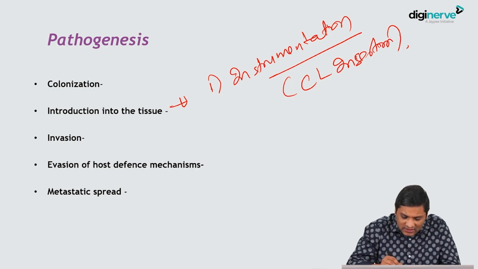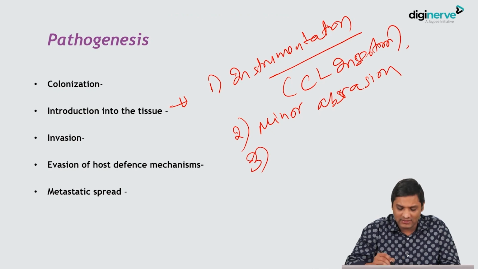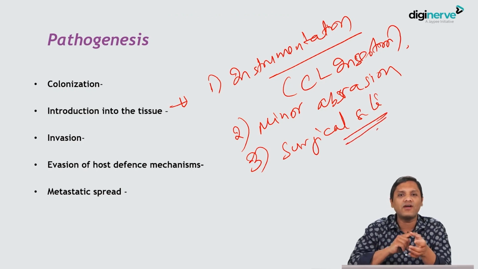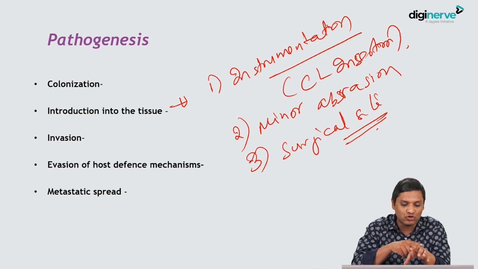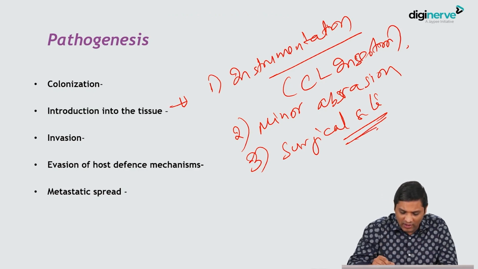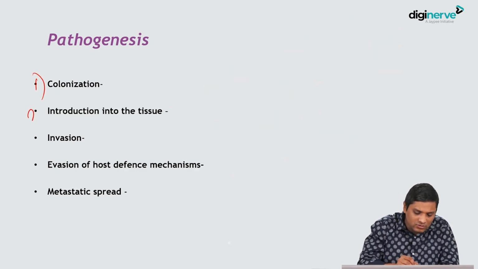So central line insertion, or even any minor abrasions of the skin, will cause Staph aureus to invade, or a surgical site infection, because Staphylococcus aureus can invade the body through the surgical incision. So incisional sites are a potential source of Staphylococcus aureus infection. These are the various methods through which the organism will be introduced into the body.